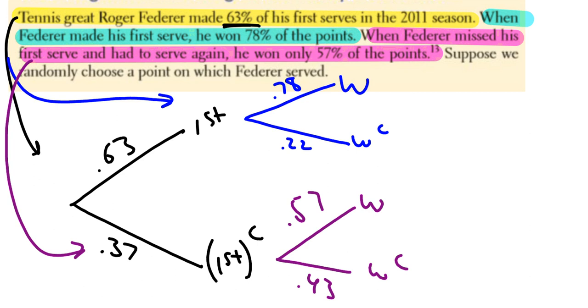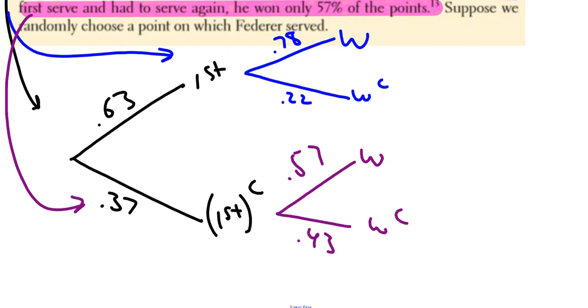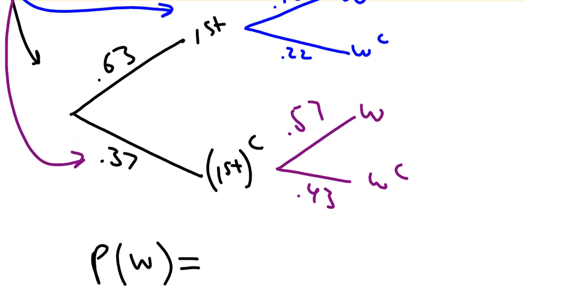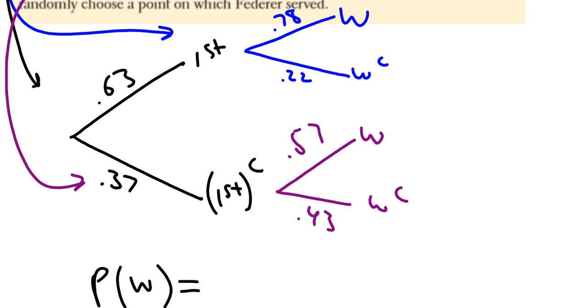So the whole point of making the tree diagram is that we can now answer interesting questions. So obviously this person cares about winning, so a fair question might be, what's the probability that this person wins? And when you look at the tree diagram, what you realize is that there's sort of two pathways for winning. Let's use the highlighter again here.